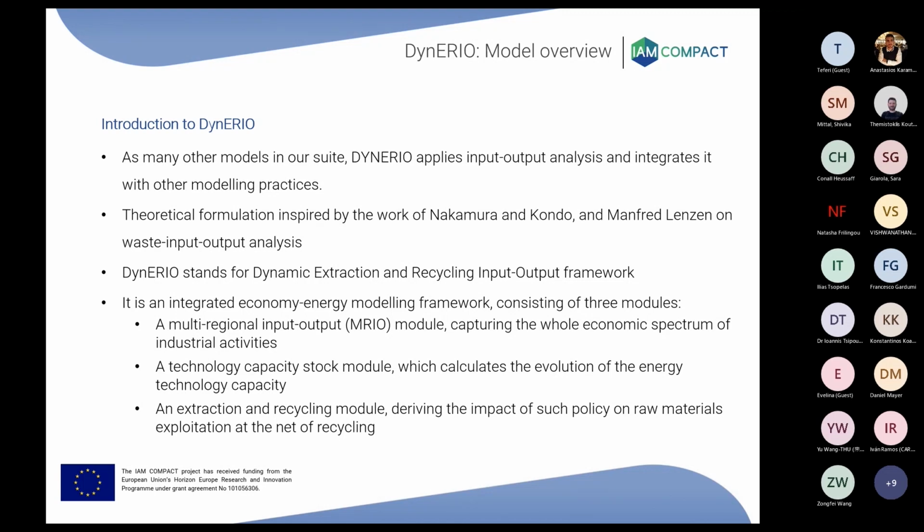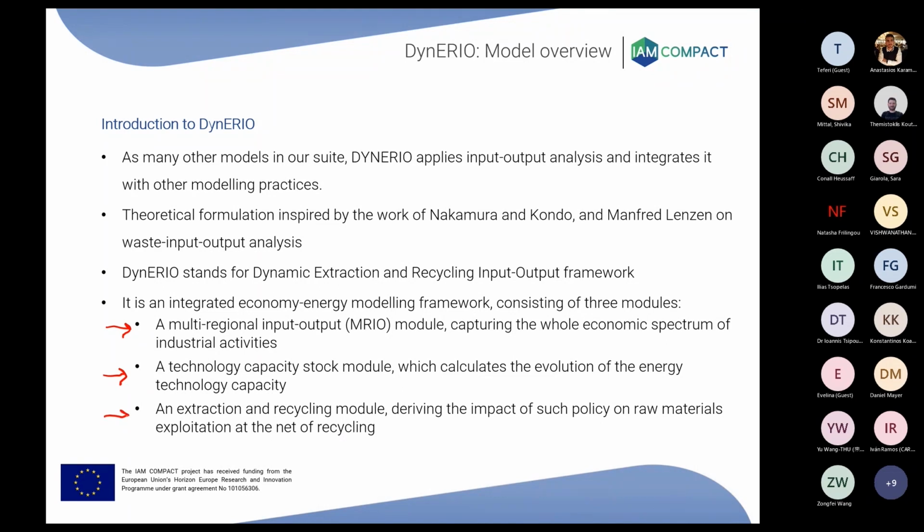So specifically, it integrates, beside the multi-regional input-output model, what we have called the technology capacity stock module, a numerical model that enables us to understand what is necessary to install in terms of technology capacity and what is disposed of year by year.